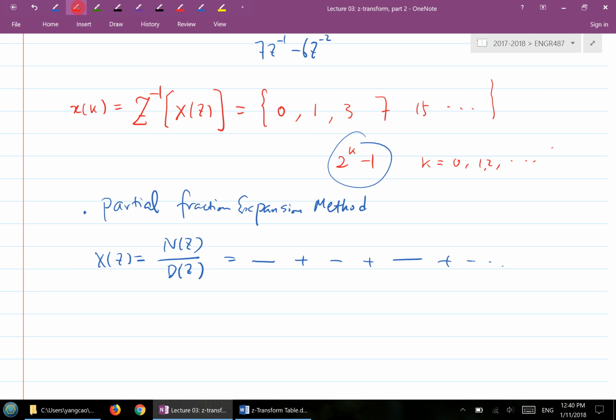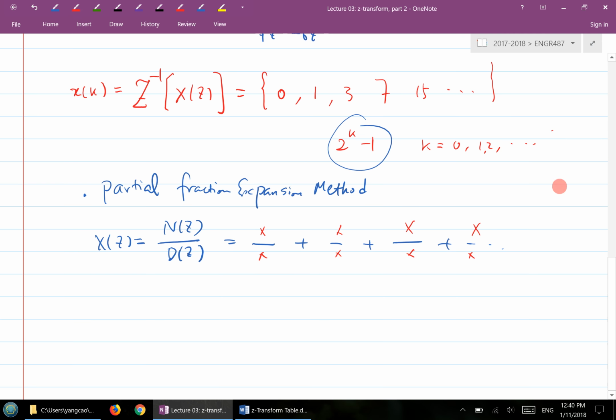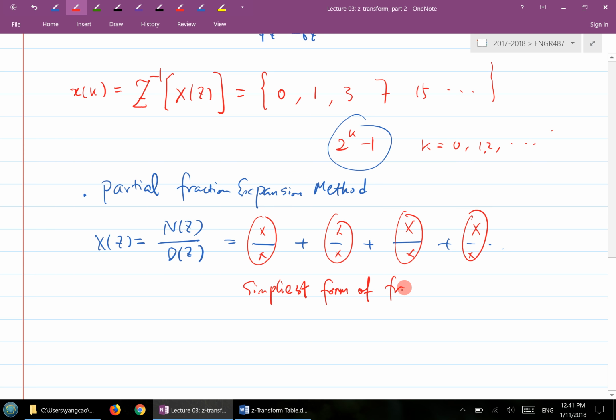This is a partial fraction expansion. It's not going to be a random decomposition. It's going to be a purposely framed partial fraction expansion, so that each one of these is what we call the simplest form of fraction.